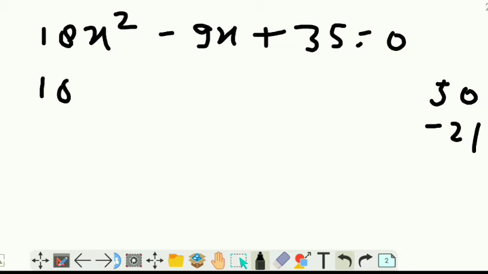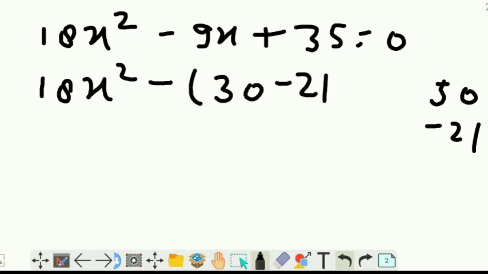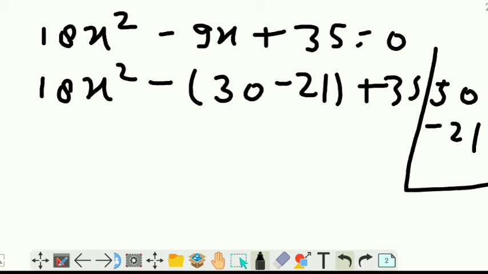So 18x square minus, in place of 9 we will write 30 minus 21, and plus 35 equal to 0. Now 18x square, now open the bracket with x also, because it was the x. So in place of 9 we have only written 30 minus 21, and x also.